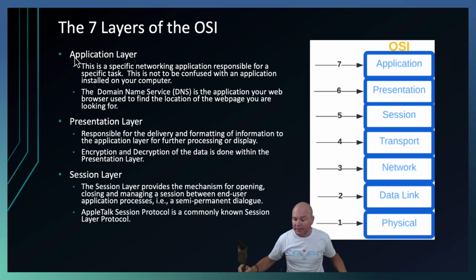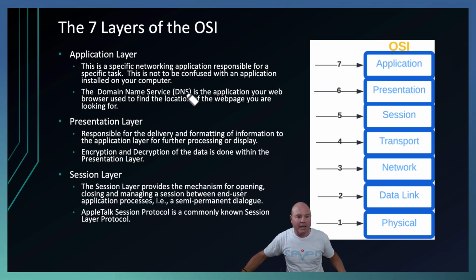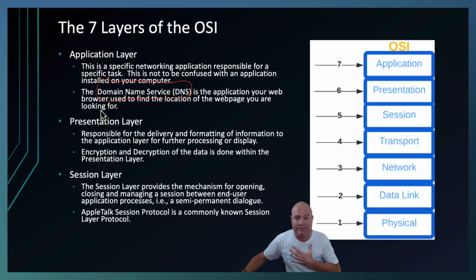So the application that is actually being talked about, or one of the applications here, is the domain name service, or DNS. And this is what I call the secret of the internet. This right here, the DNS application, is what made the internet what it is today, in Todd's opinion.